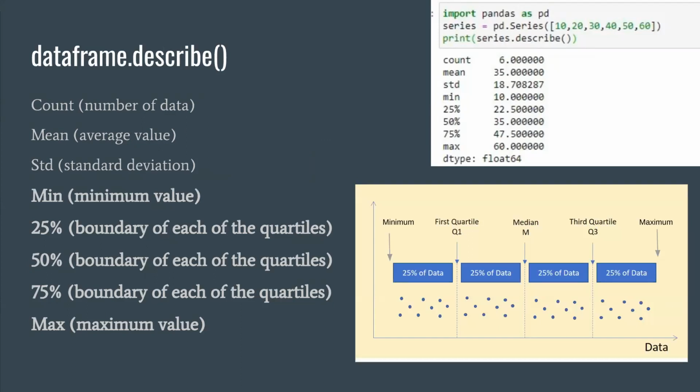So minimum, maximum values as well as the boundary of each of the quartiles. You can see this visualization: from minimum to first quartile covers about 25% of data, from first quartile to median covers 25% of data, median to third quartile 25% of data, third quartile to maximum 25% of data, and so on.